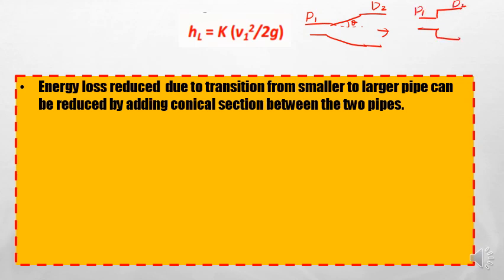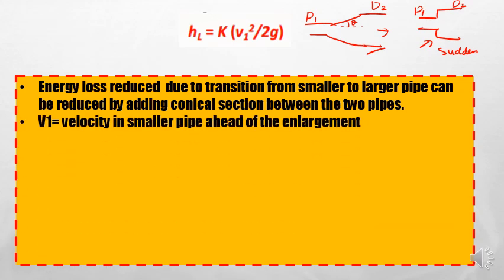So this is the diagram for sudden enlargement. As you can see, it doesn't have any cone shape here, which can slow down the flow a bit. So this one may cause higher energy losses compared to this one.